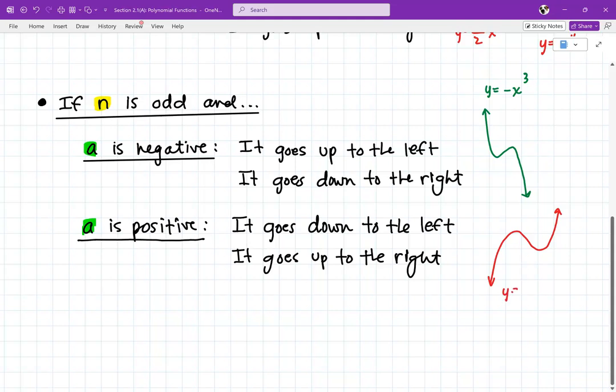This would be more like y equals 2x cubed, or maybe a half x cubed. Notice the power is still odd, and the coefficient in front is positive, so it goes down to the left, it goes up to the right. This is what you have to try to memorize. Or if we start using notes, you're going to want to put this in your notes. That way, if I tell you, what is this graph doing?